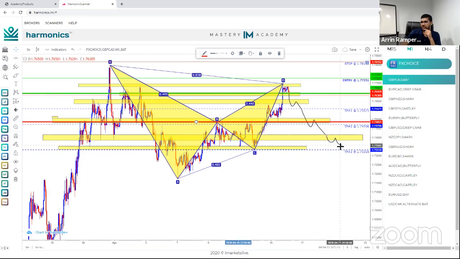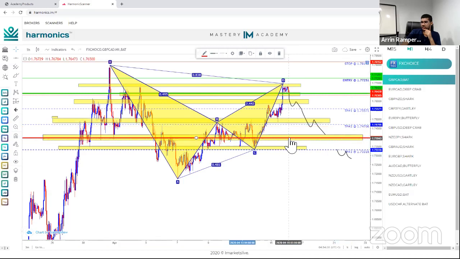Likewise, it continues to move down and breaks this level. You can move your stop loss down here. That way you're securing all this amount of profit from here to here, which is 240 pips.